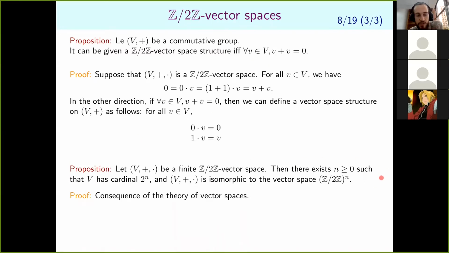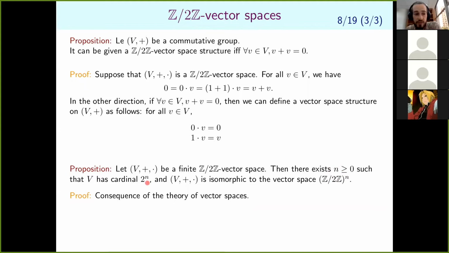And so this is interesting. If V is a Z over 2Z vector space, then it has cardinal 2 to the n for some positive n.